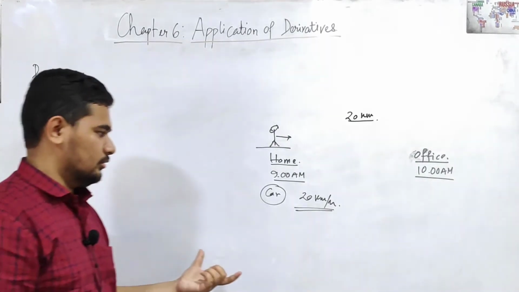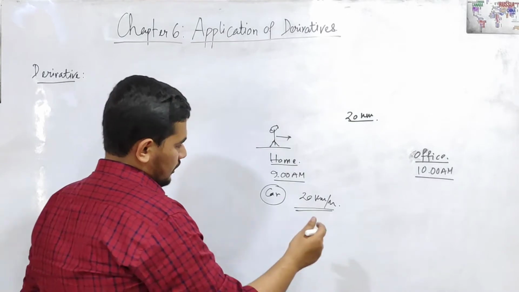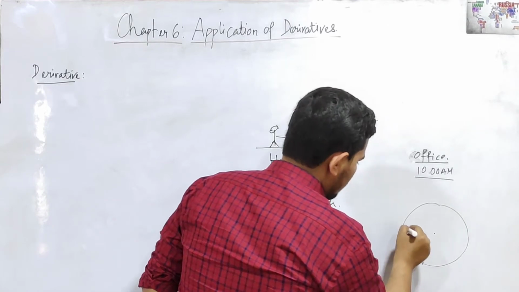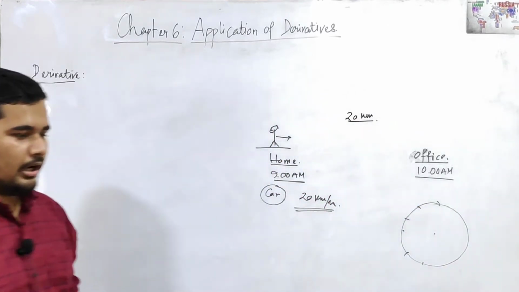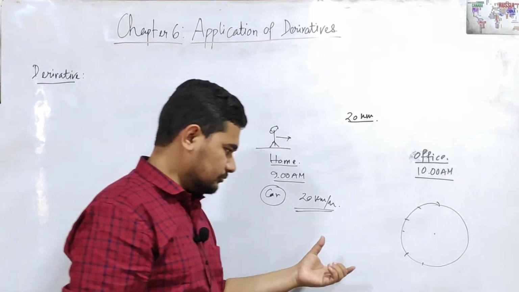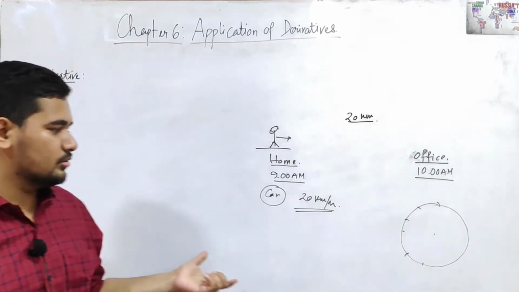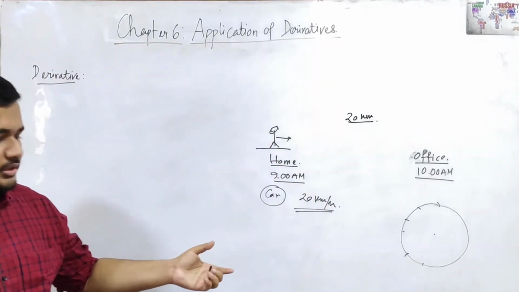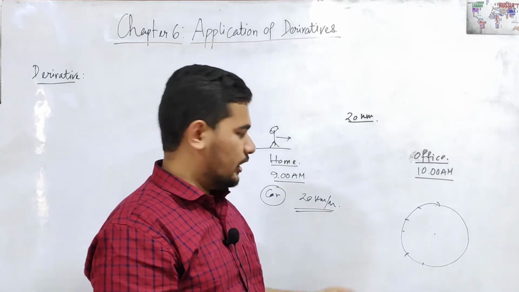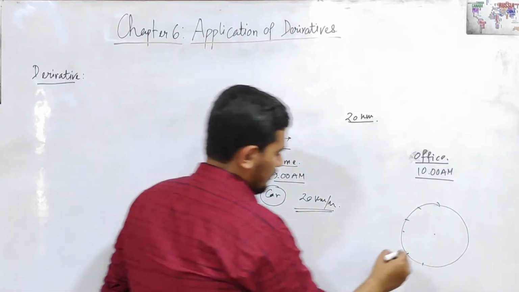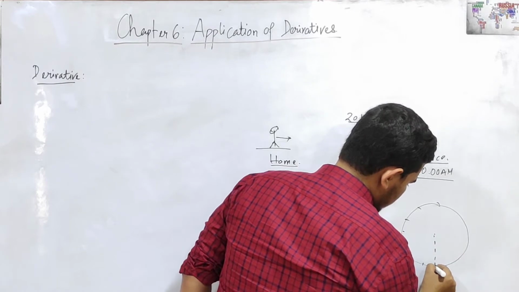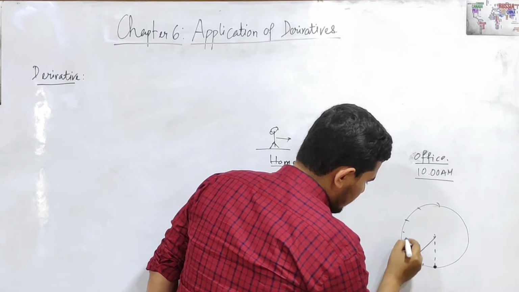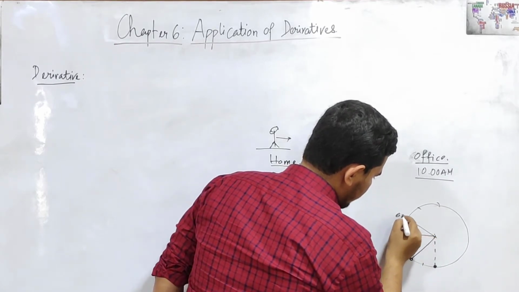When you travel in your car, there is a dial which always indicates the speed at which your car is moving. After you watch this lecture, I encourage you to travel in any car or bus, and you can see that whenever the bus starts, the pointer is at zero, but once it starts it can show 20, 40, 60.